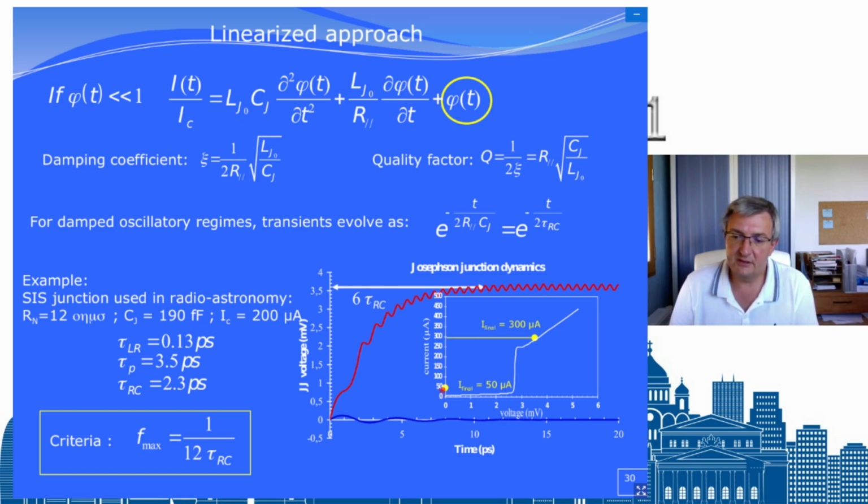And we tried also another point at 300 microamp, above IC, to see what happens. If you use 50 microamp and you check the dynamics, you can put that in a solver, in Spice or whatever. You can calculate the dynamics and see how the current and even the voltage of the junction moves with time if you apply this current suddenly.